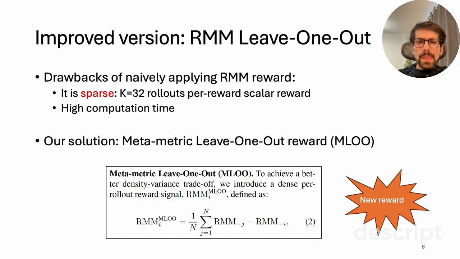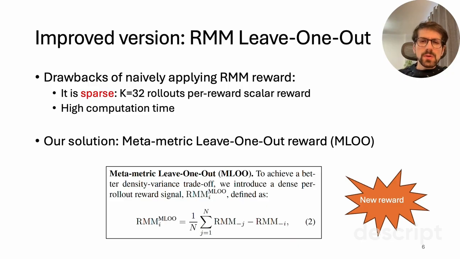Considering a set of k rollouts, for each rollout i, we exclude that rollout from the set and compute the RMM on the rest of the k minus 1 rollouts. We assign that rollout a reward equal to the mean of all leave-one-out RMM values minus its own leave-one-out RMM. This is shown in Formula 2.